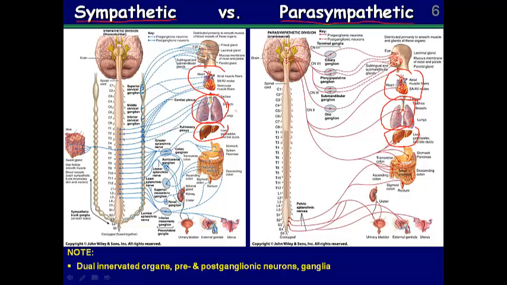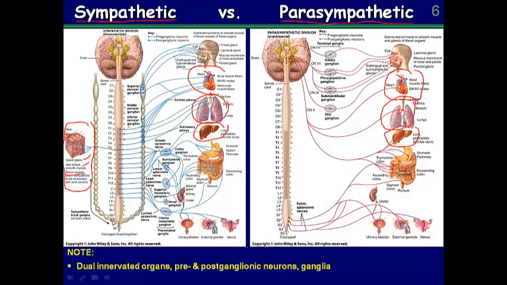Maybe speed it up, slow it down, turn it on, turn it off. You'll notice over here on the sympathetic side there are some organs that are only innervated by sympathetic neurons. Classic examples: sweat glands, hair follicles, or I should say the smooth muscle that erects the hair, erector pili muscles, and blood vessels, only innervated by sympathetic neurons. So that's a big thing to look at.